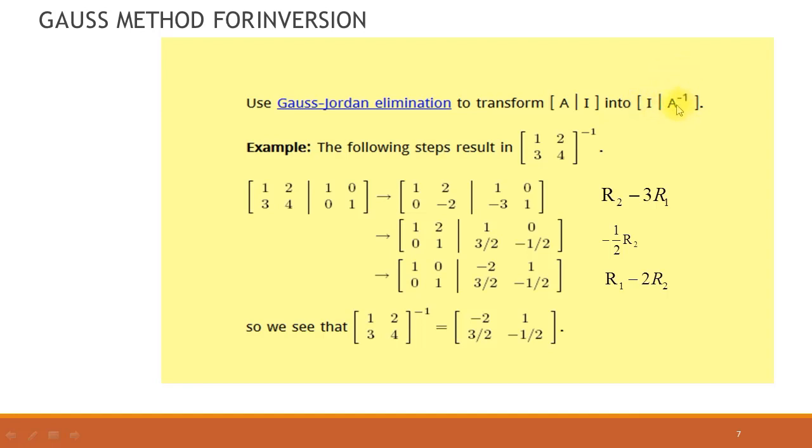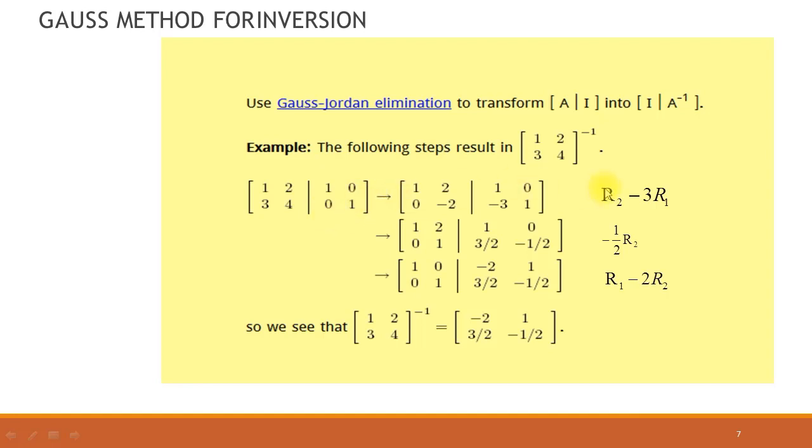Then this matrix will be the inverse of matrix A. So write the augmented matrix A and the identity matrix. Consider this as a single augmented matrix. Now to transform this matrix into the identity by using elementary row operations, the newly obtained matrix in this place will be the inverse of this matrix A.